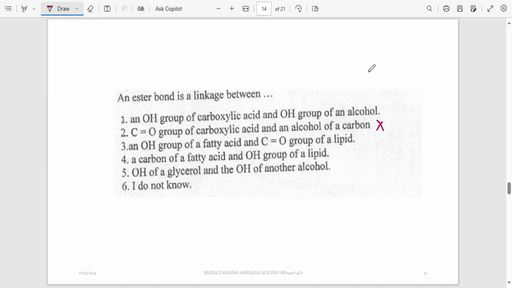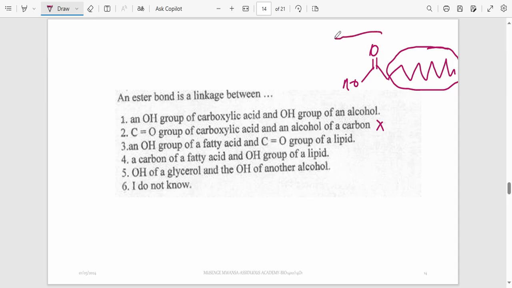Okay, but remember the double bond with oxygen is found in all lipids. At the end, what determines saturated and unsaturated is the end here and not this group here. The wrong thing here is that this option is not specific. Look, OH group of a fatty acid and CO group of a lipid.